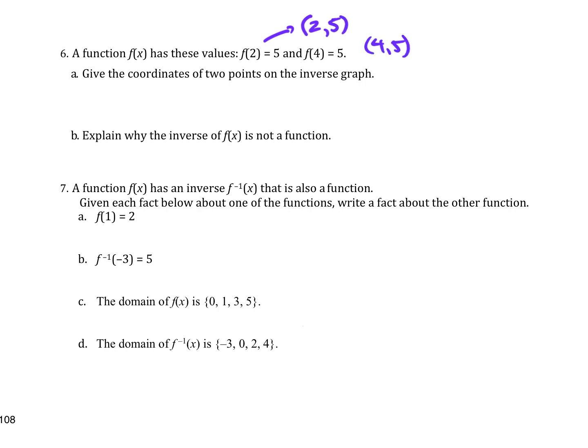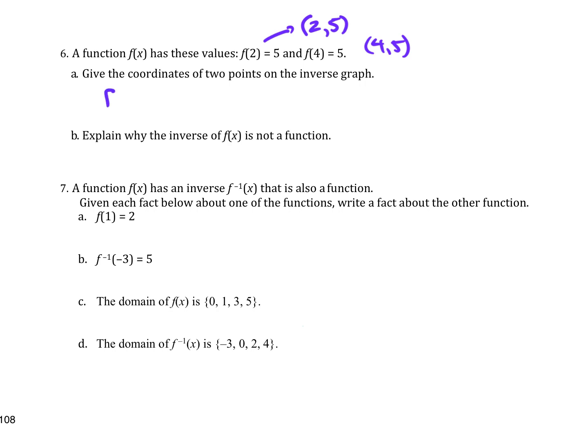It tells us then to give the coordinates of 2 points on the inverse graph. Remember from when we were talking about inverses, we said everything with inverses, the x's and the y's switch. So if I give you 2 points on the original graph, the inverse graph has points that are the same x and y but flipped backwards.